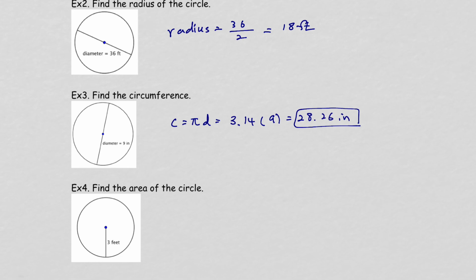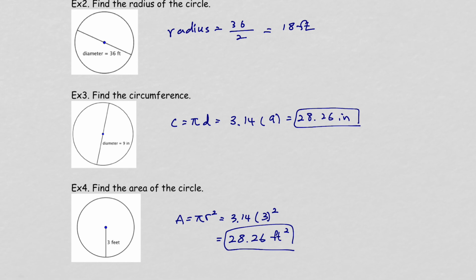What about finding area? Area, you're going to use the radius. So it will be pi r squared, and this one radius is given, so it will be 3.14, which is the pi value, times 3 squared, and when you multiply 3.14 times 9, you get 28.26, and don't forget your unit is going to be squared on area.